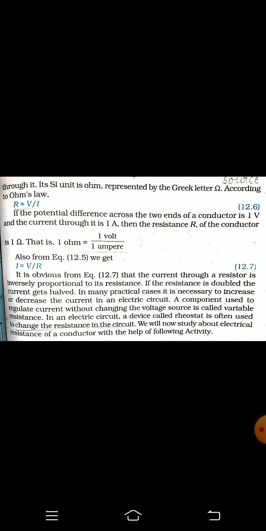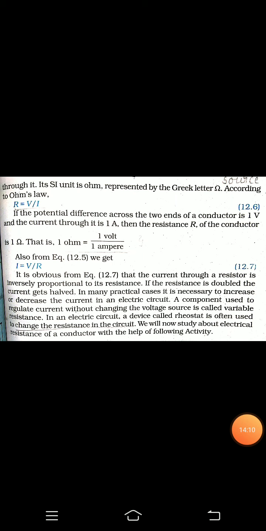If we want to increase or decrease the current, then without disturbing that 9-volt battery, we can increase or decrease the current. For that we have to use a component called variable resistance, and variable resistance is called a rheostat.